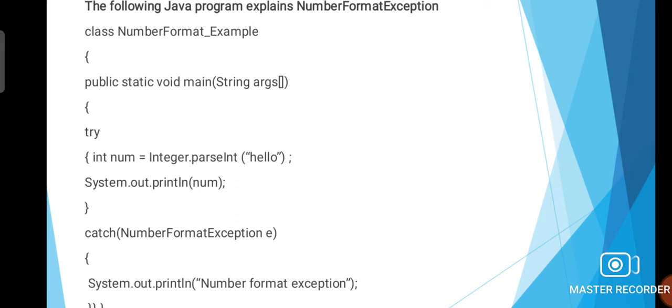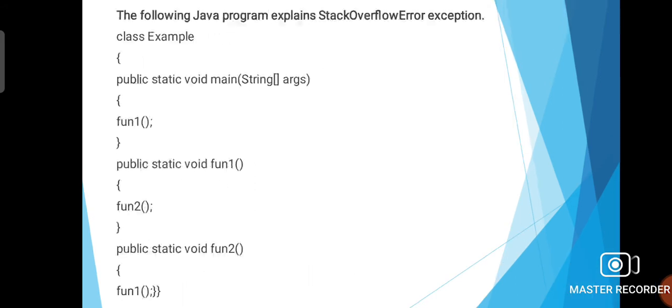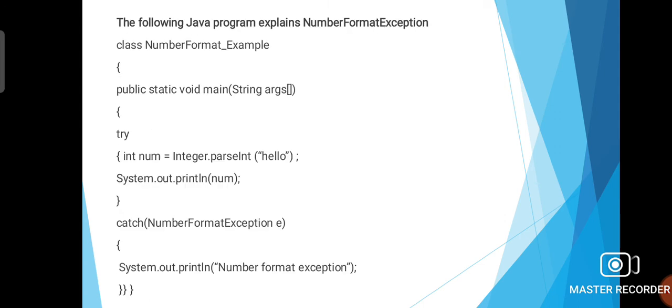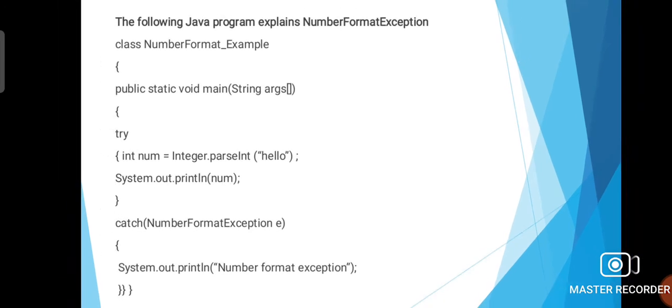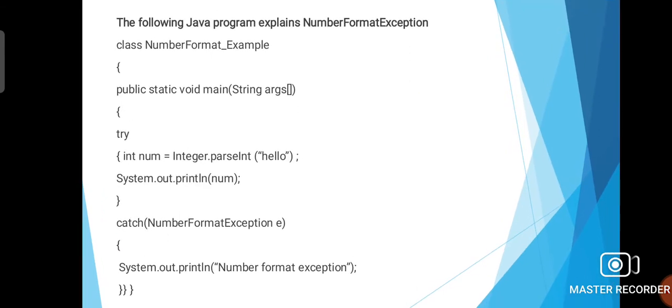This leads to an error situation, and this kind of error is called NumberFormatException. In the catch block we have the statements to handle the error that arises in the try block. We are printing a statement, NumberFormatException. As a result of executing this program, we will get the output NumberFormatException.